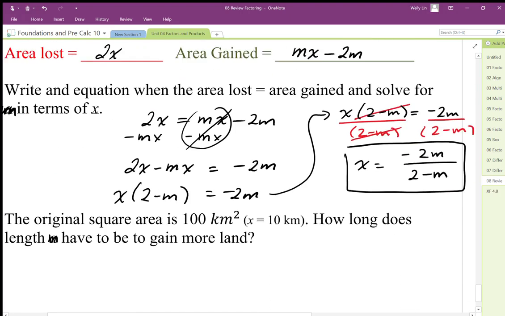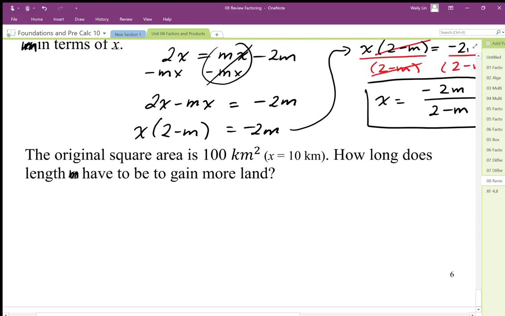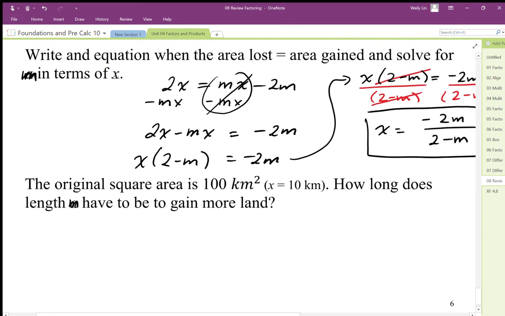So how long does the length m have to be to gain more land? Well, we already have our equality. Lost equals gained. And we know what x is.